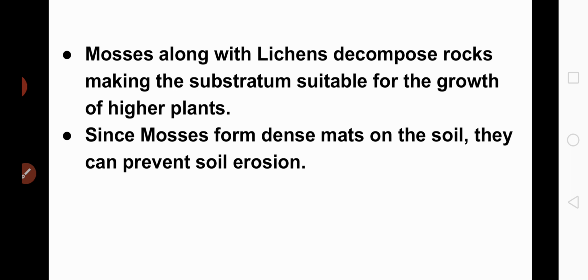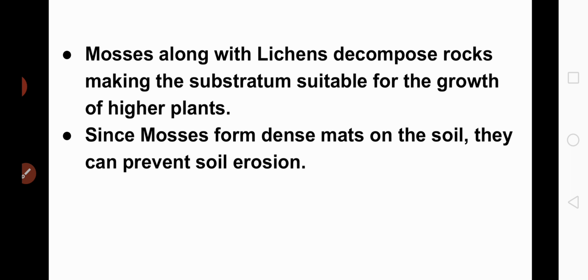Once again, I'll repeat. Some members of bryophytes are used as a source of food, and a species of sphagnum moss provides peat, which is used as a fuel, and because of its water holding capacity, it is used as a packing material for transshipment of living materials.